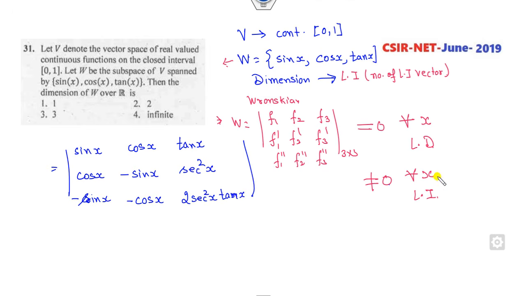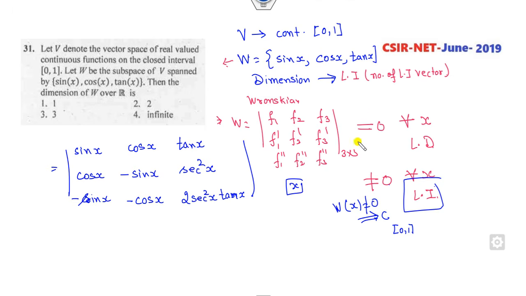Now we all know, in order to check for linear independence, if the Wronskian is 0, then it will be 0 for the whole domain. Otherwise it will not be. So you can choose any value of x. If we prove the Wronskian is non-zero at that value, it means it is non-zero on the closed interval.